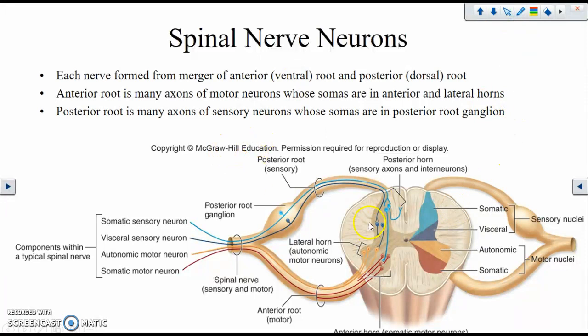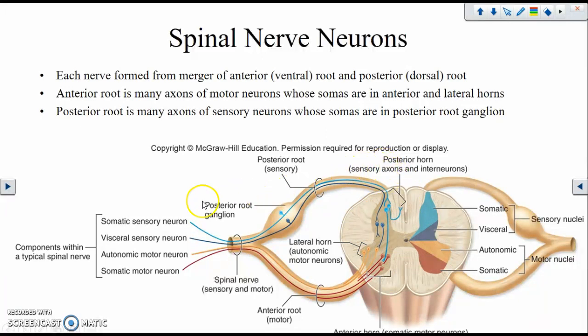So here, if you look at this one, folks, this is the posterior portion, and the reason you can tell that is the posterior portion is because of this large bump, this is called the posterior root or the dorsal root ganglion. The posterior portion of the gray matter of the spinal cord, these are called horns, is normally sensory.